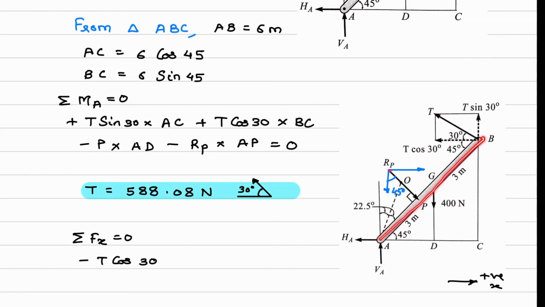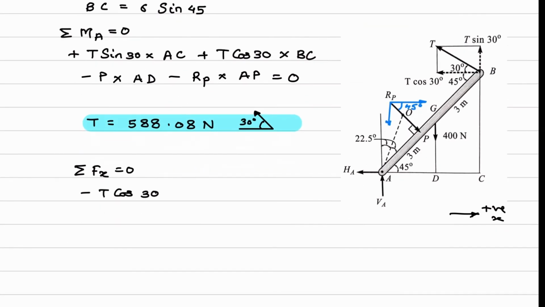For AB this is perpendicular, and for horizontal this vertical is perpendicular. So if this angle is 45, this angle will also be 45. That is why I have shown this angle as 45 degree. So this X component I'll take as cos. But no problem, you can even take this Y component as 45. You will get the same answer.